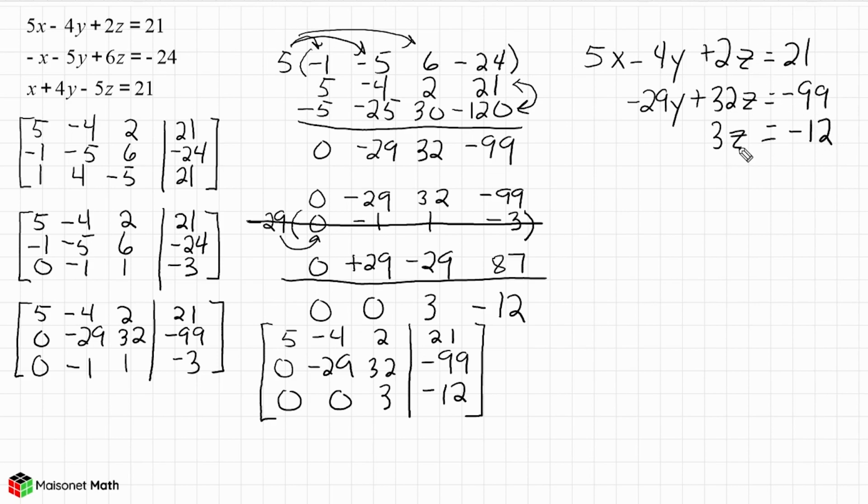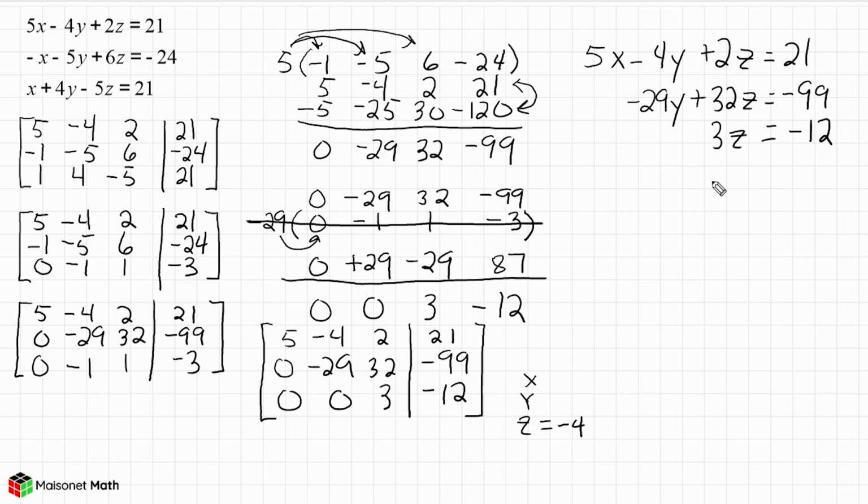All right, so we're going to start, of course, by solving this last equation here because it is only a one-step equation. And the only thing we can multiply 3 by to make -12 would be -4. So out of our answers x, y, and z, we already know that z is equal to -4. I'm not even going to show any work for that because we know that 3 times negative 4 is negative 12.